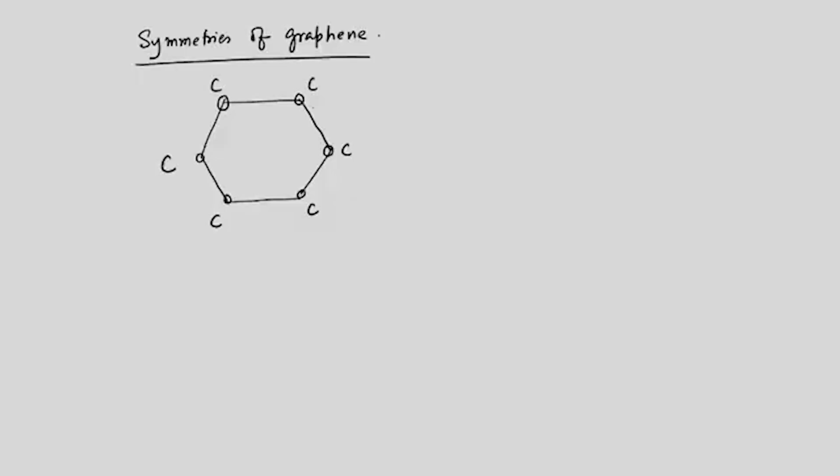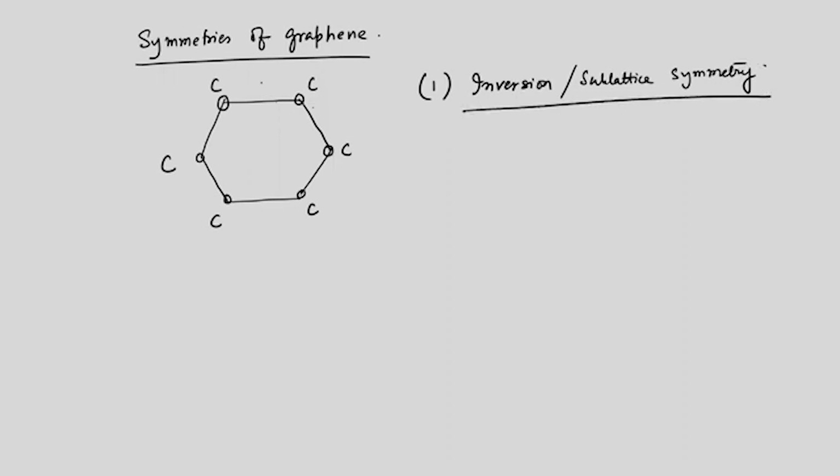Okay. Now, the 2 symmetries that are quite important in this context: first we will talk about the inversion symmetry, which is also called the sublattice symmetry. It is quite trivial to understand that if you draw an axis which is perpendicular to the bond connecting the 2 carbon atoms, this corresponds to the A sublattice and this corresponds to the B sublattice.